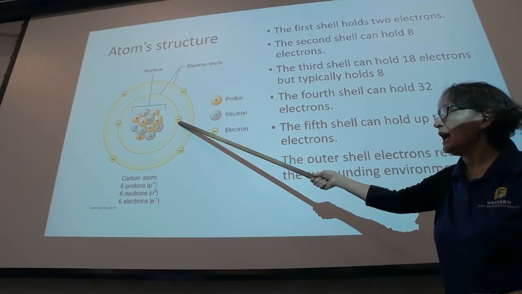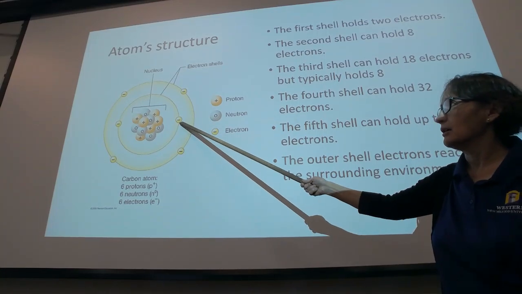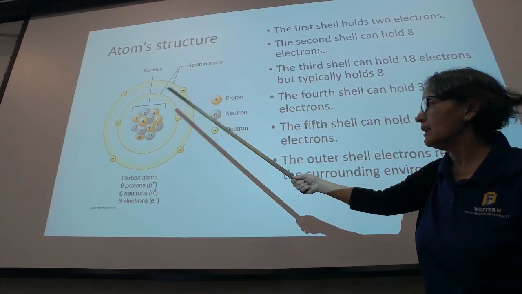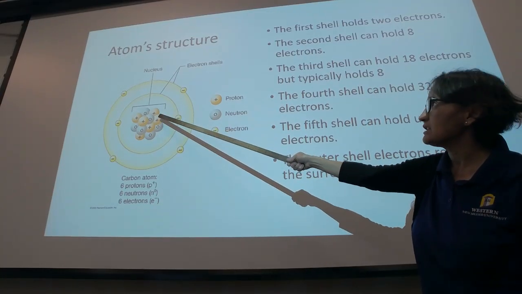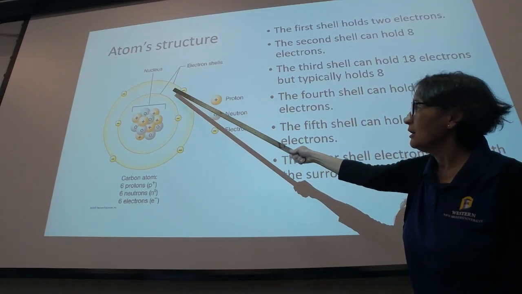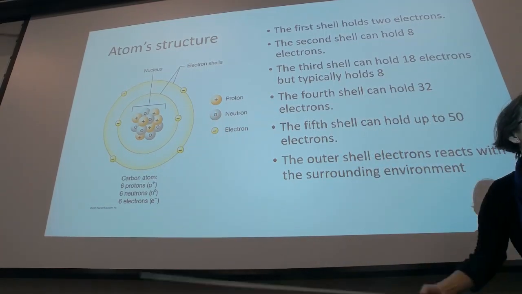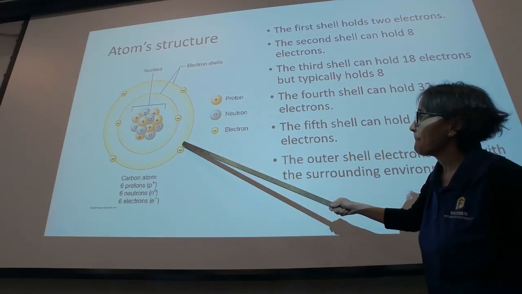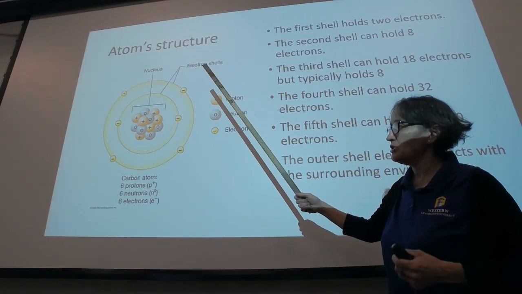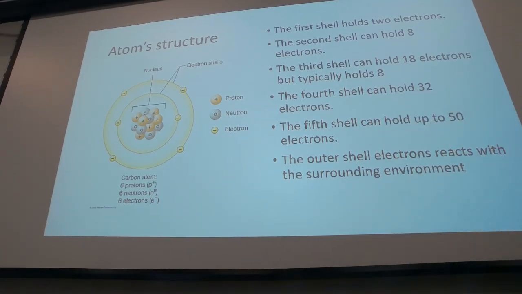In the first orbit, atoms always fit 2 electrons. And then, because we have the same number of electrons as protons, which is 6, we will fit in the next orbit 4 electrons, but this one can fit up to 8. So atoms in general, whenever they have the same number of protons and electrons, are electrically neutral.